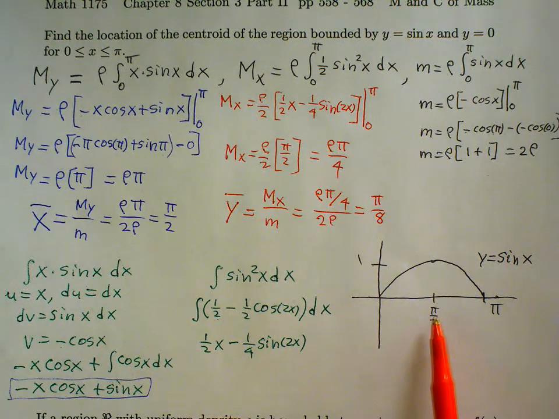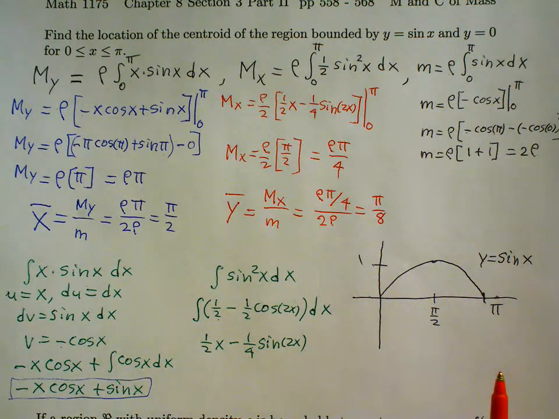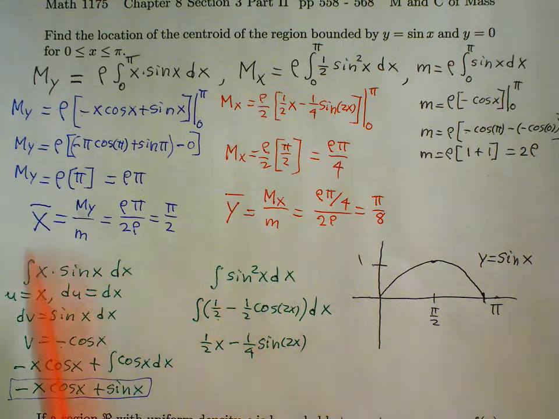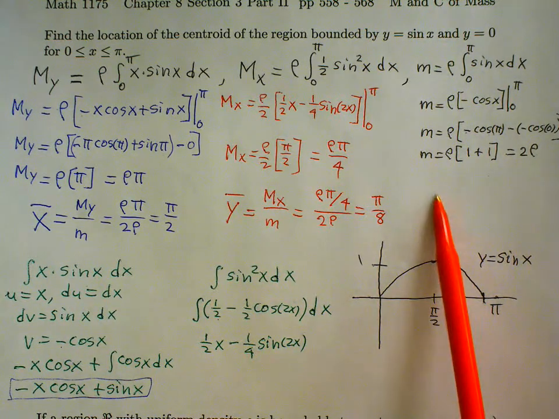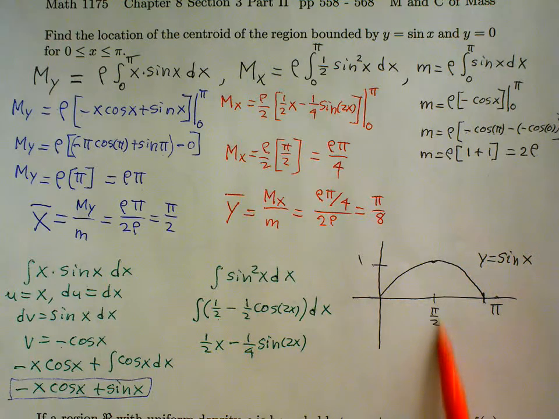And we could have noted that since this part of the sine curve is symmetric with respect to the vertical line x equals pi over 2, we could have known right from the start that the x-coordinate of the centroid is pi over 2, because the line of symmetry is the vertical line x equals pi over 2.